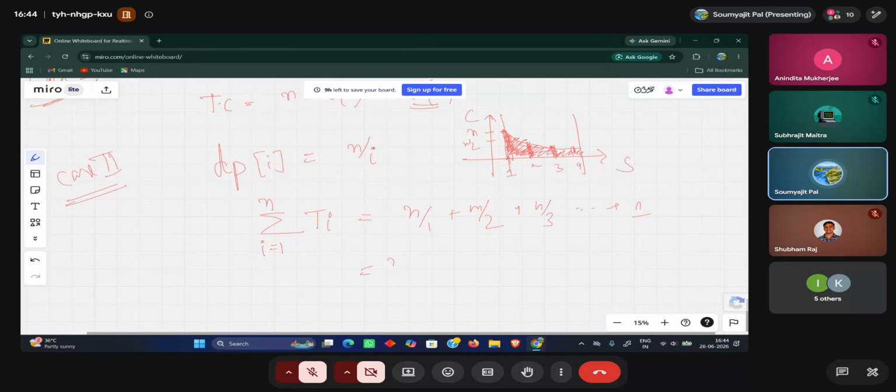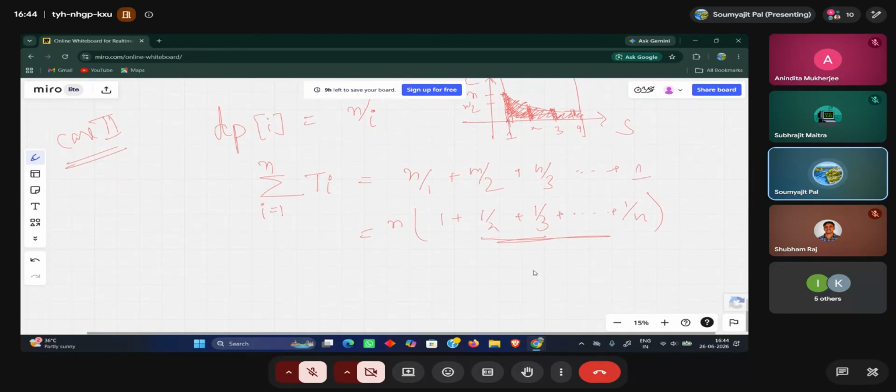If I take n common, it would be 1 plus 1 by 2 plus 1 by 3 up to 1 by n, right? And this is simply a harmonic series and its value is about log of n. So it would be n log n, my total time complexity.